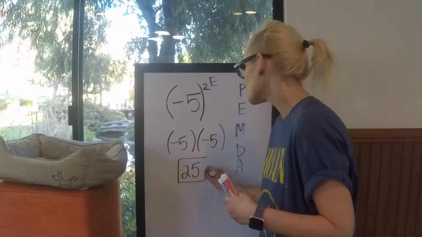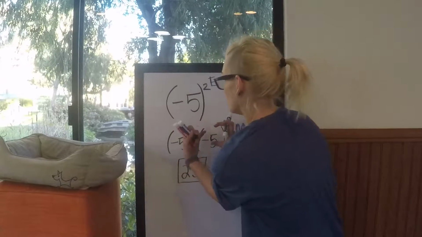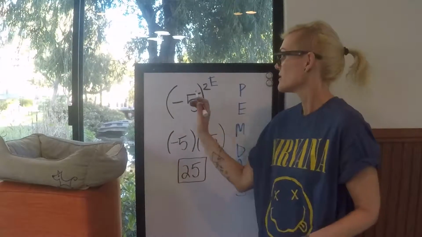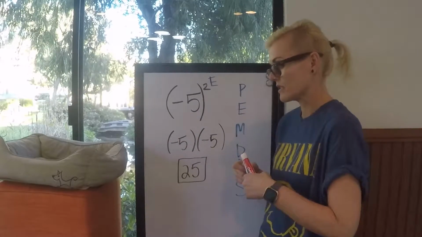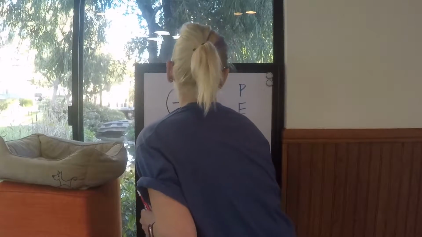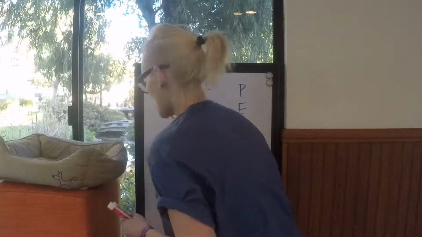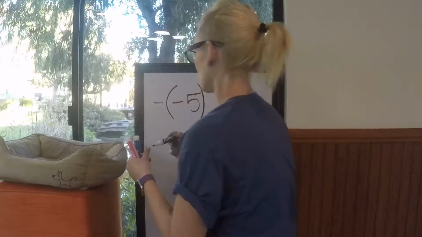Okay? So notice the difference between negative 5 squared versus the negative and then 5 squared. Okay? So 2 very different things. Okay? So we're going to do one more problem. Okay, now I'm going to put a negative on the outside of here. Okay?